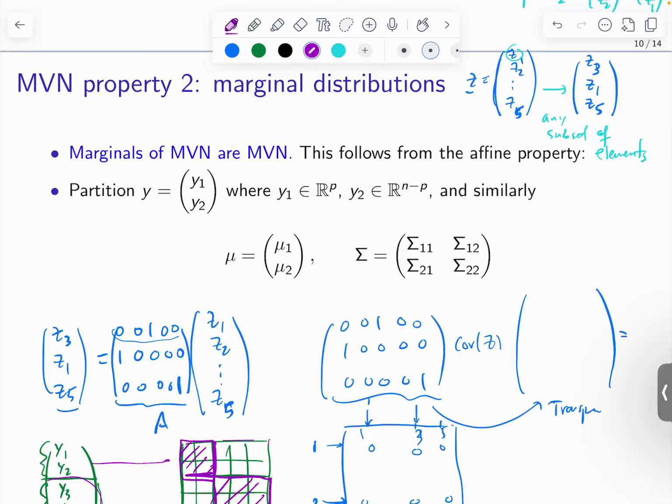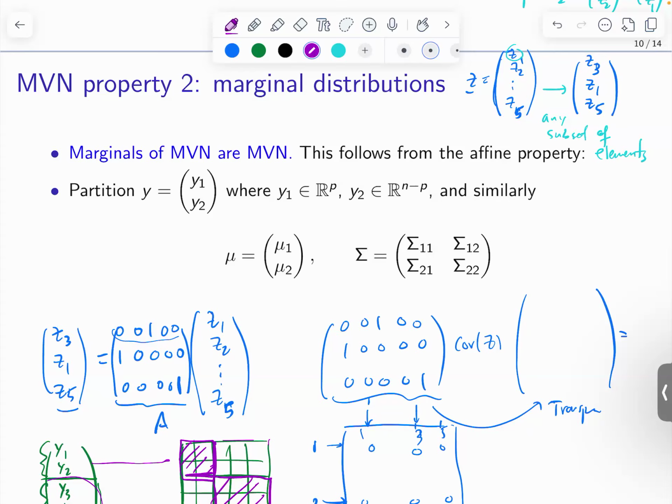It's just a consequence of the fact that affine transformations of a multivariate Gaussian are multivariate Gaussian, and a general marginal can be written as a linear transformation of the original vector. The rest you can easily figure out. The mean and the covariance matrices are easy, and you get those for free.